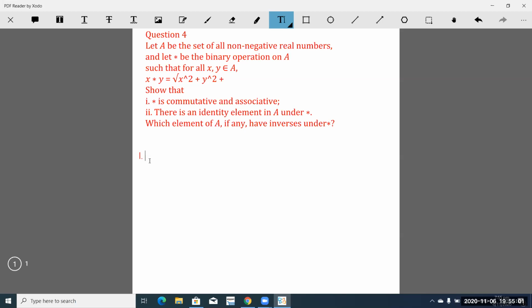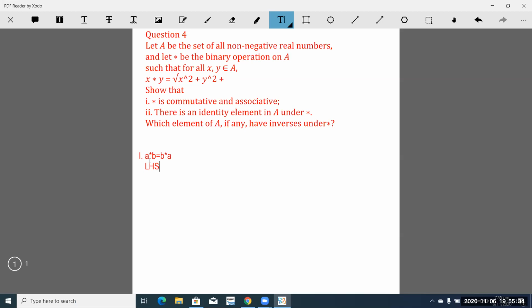Very good. For commutativity, we need to show that A star B is the same as B star A.